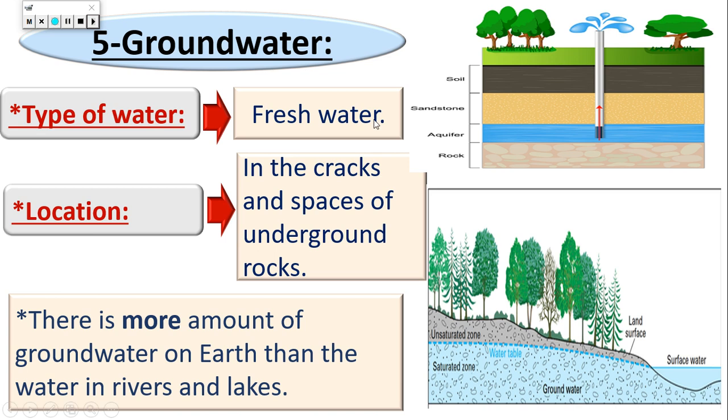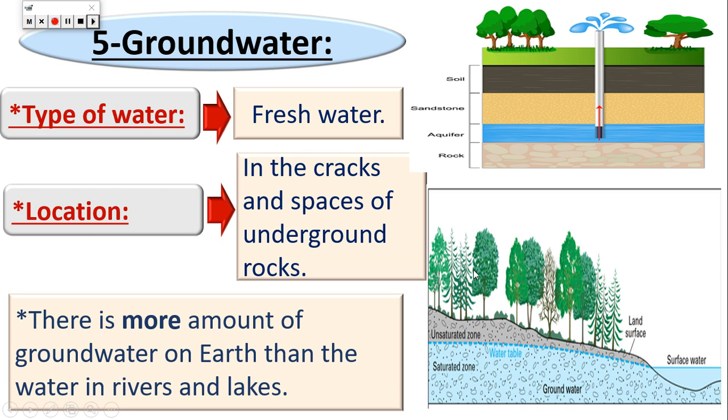Number five, groundwater. What is groundwater? Do you remember? It's a water body that forms under the Earth's surface in a layer called an aquifer. Groundwater is always fresh water, and it forms in the cracks and spaces of underground rocks.